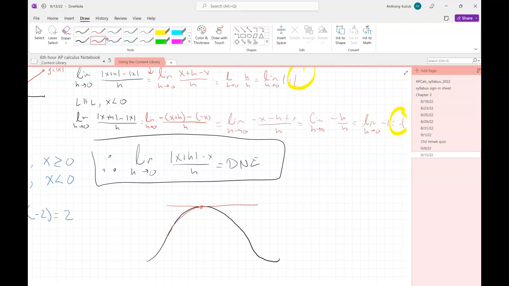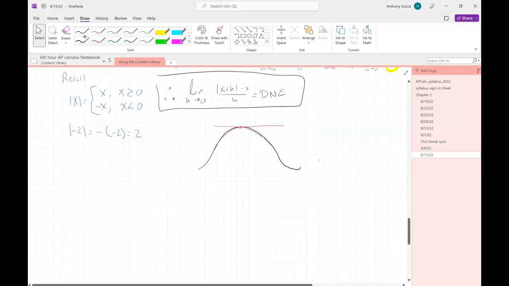What you have to worry about is stuff like this, where you're getting a vertical tangent out of it, or where the corner's too sharp. Is that okay, guys? All right.